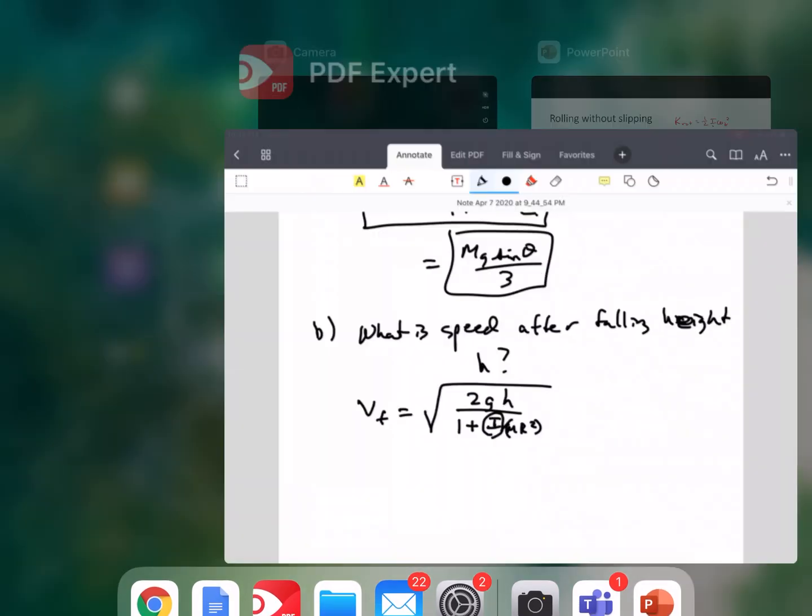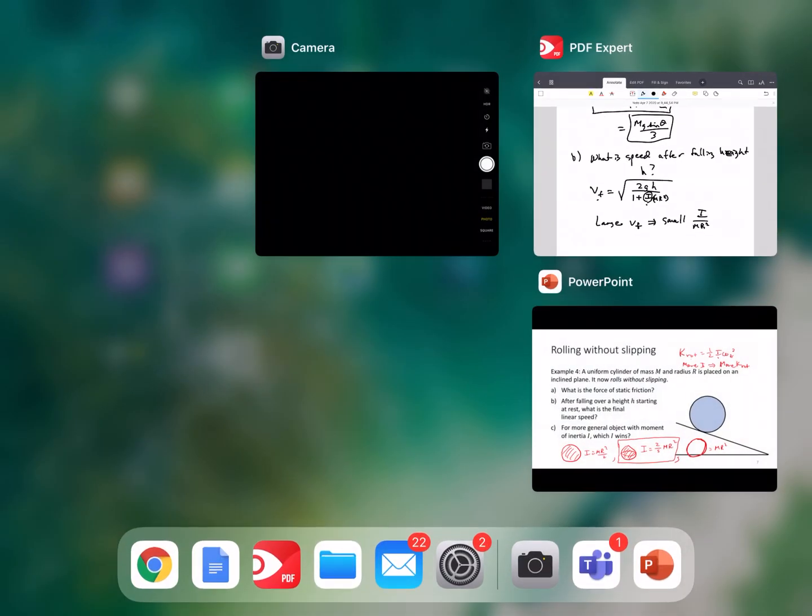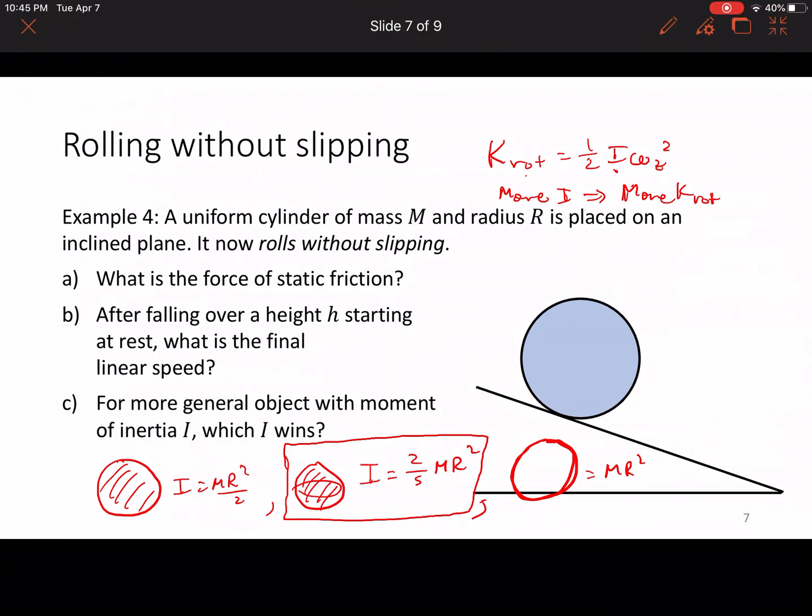If we go back to our actual math, the formula, root 2gh, that's just a constant, over 1 plus I over mr squared. So if I want to make v final large, I want to make this denominator small, meaning the winner is the one with the smallest moment of inertia in units of mr squared. You'll notice all these formulas are always some constant times mr squared. And that turns out to be the solid sphere.